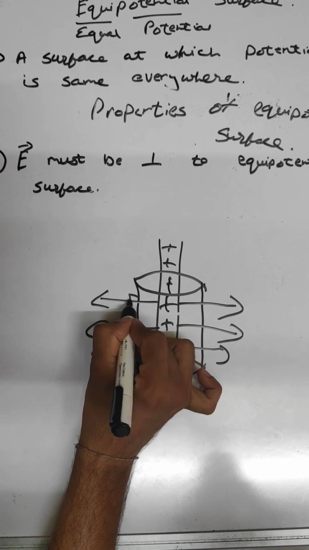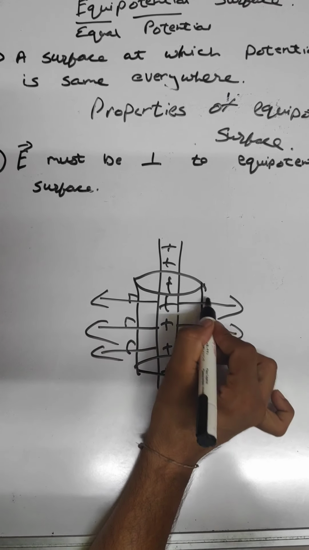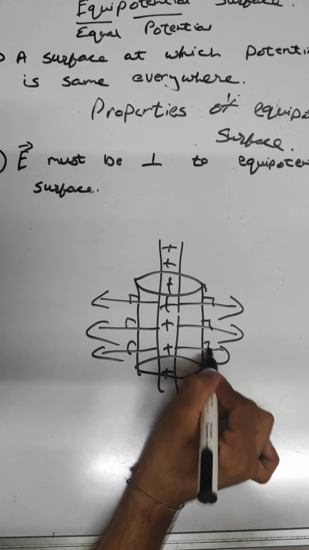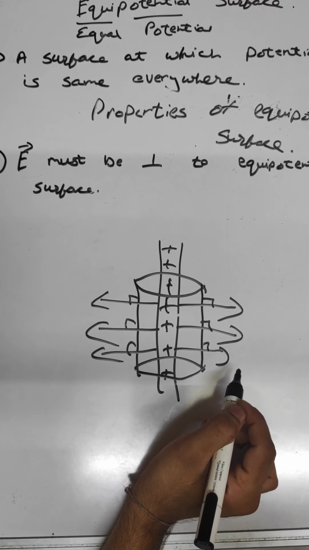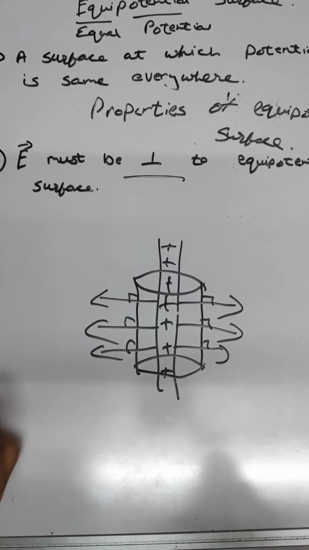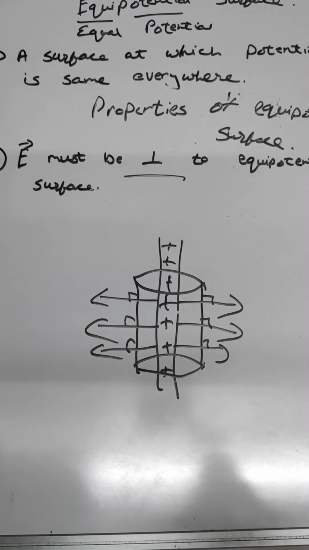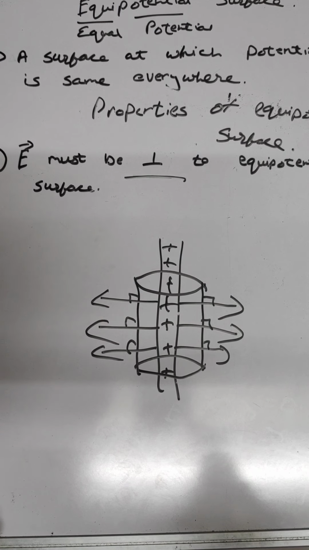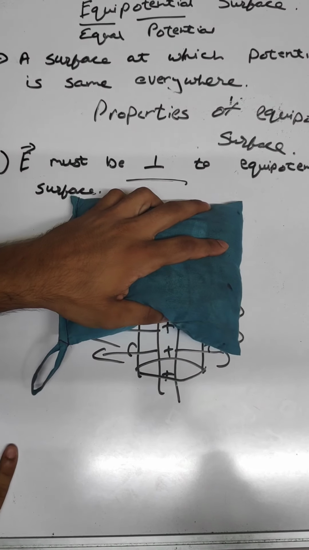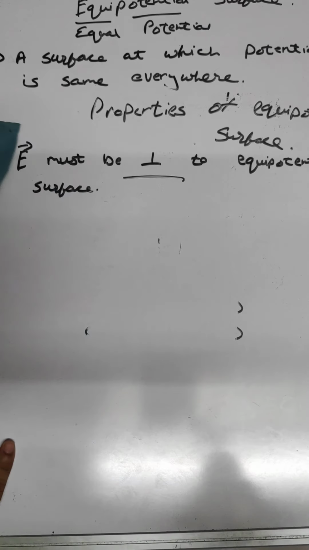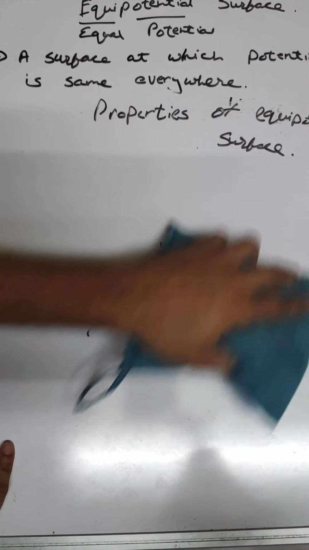So they will always be perpendicular, which says that electric field lines and equipotential surface are always perpendicular to each other. The electric field must be perpendicular to the equipotential surface. I hope this property is very clear to you. Then we shall move towards the next property.